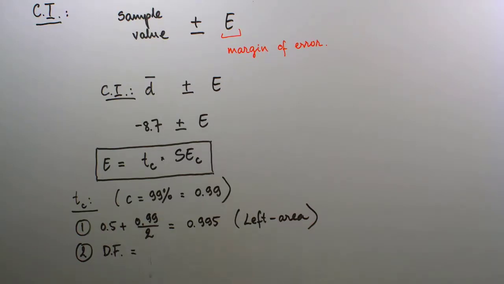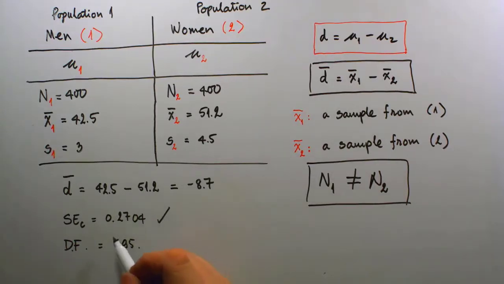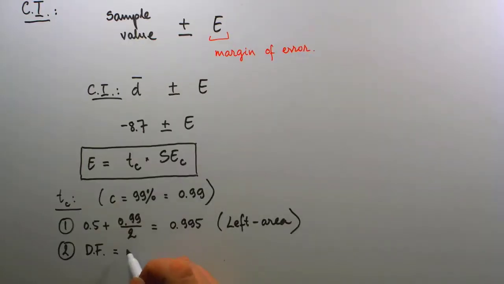And so we now can legally use the degrees of freedom for the two samples from part A of the example. So now the work that we found from part A becomes useful. Degrees of freedom being 695 is what we are going to use for the next step in calculating our T sub C value.